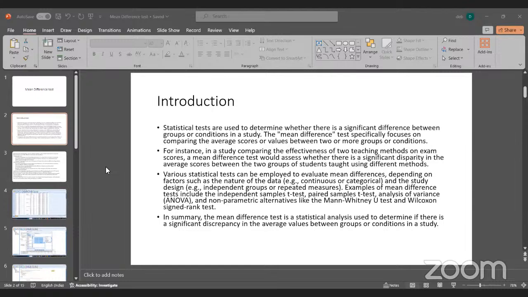And if we find that there is no difference between the two periods, that means there is a strong association between the two conditions or two periods of the data.